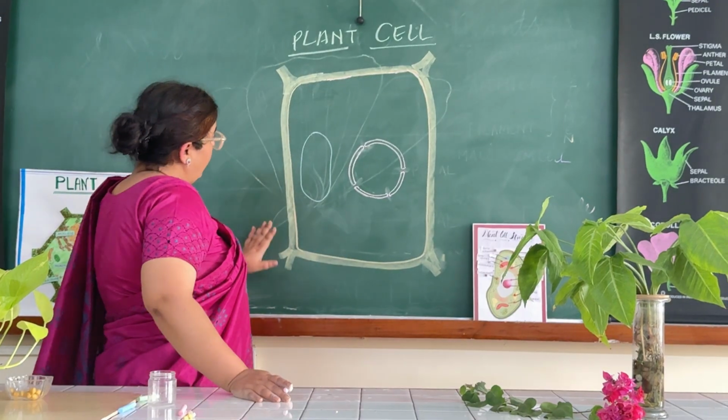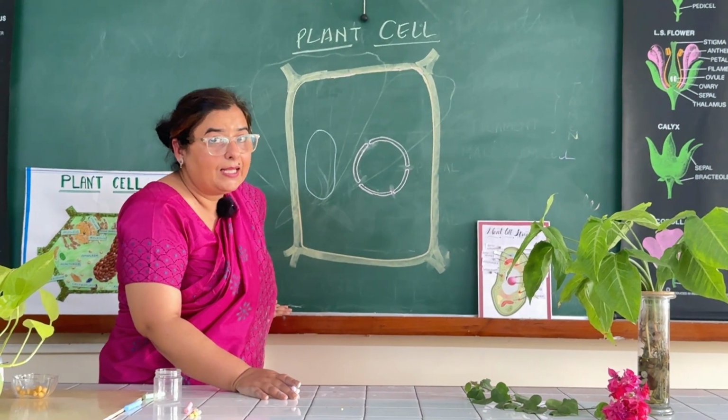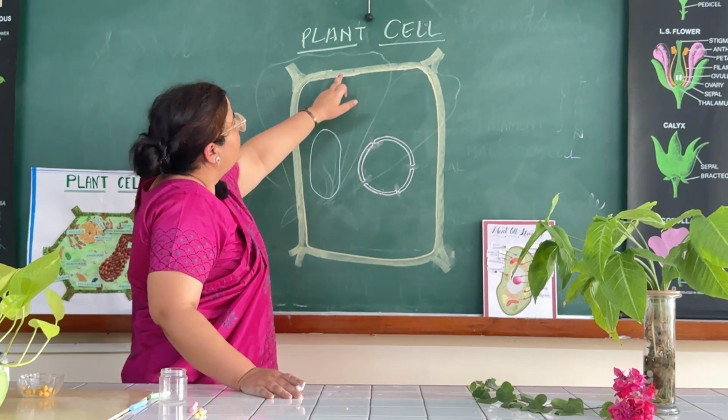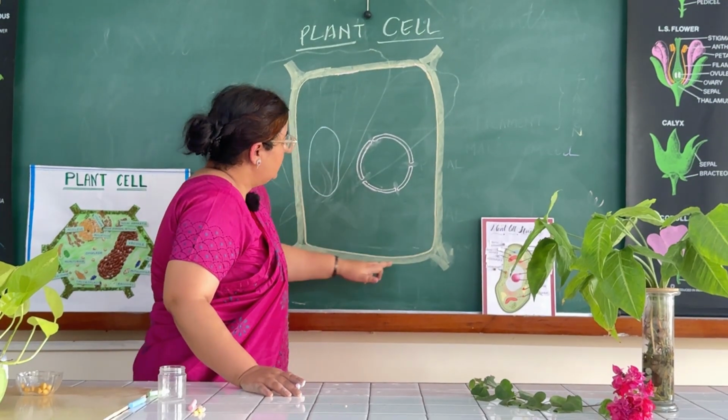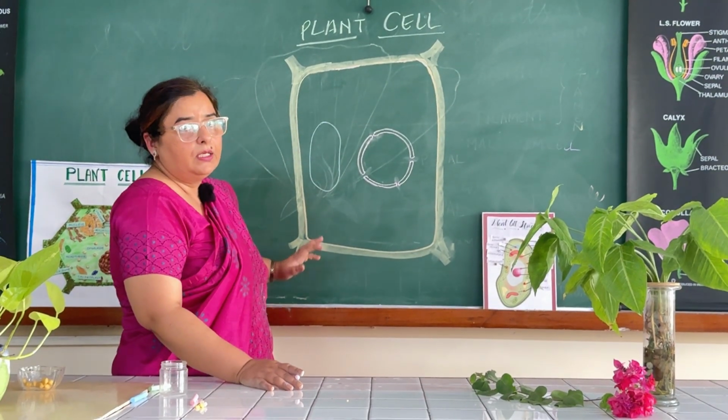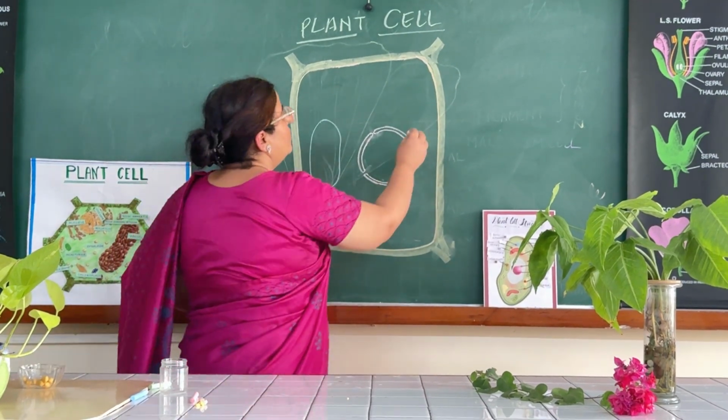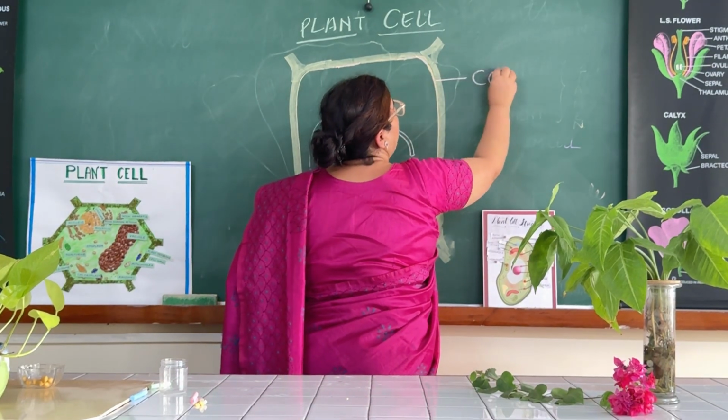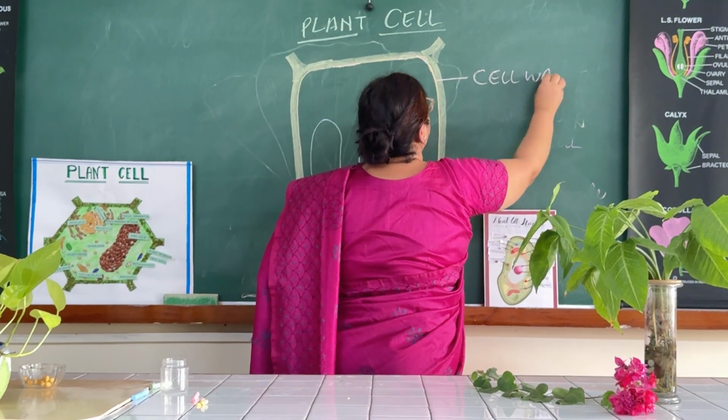So I'm going to draw the structure of plant cell. The outermost layer, a rigid wall, is known as cell wall.